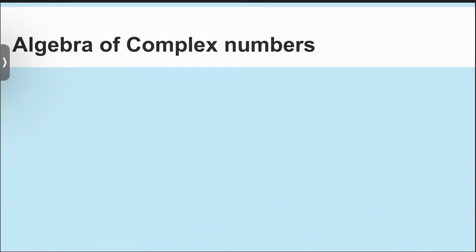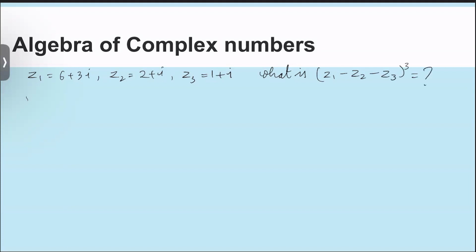So let's solve for this identity using the similar example that we are taking: Z1 is equal to 6 plus 3i, and you have Z2 is equal to 2 plus i, and Z3 is equal to 1 plus i. So we want to find what the solution is for this.